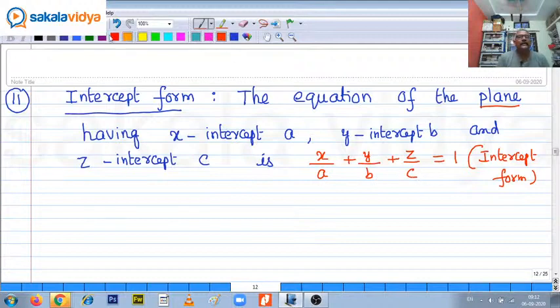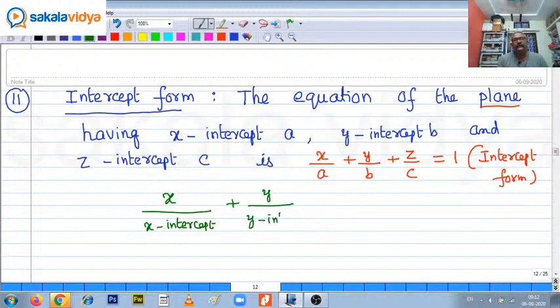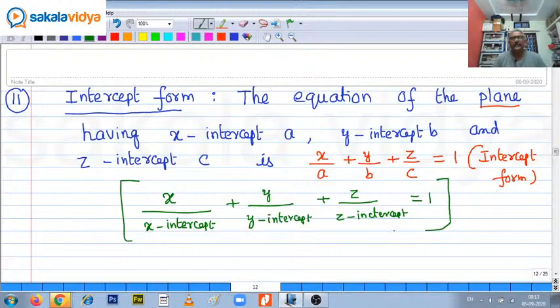We can write it like this: x by x-intercept plus y by y-intercept plus z by z-intercept equal to 1. This is the intercept form.